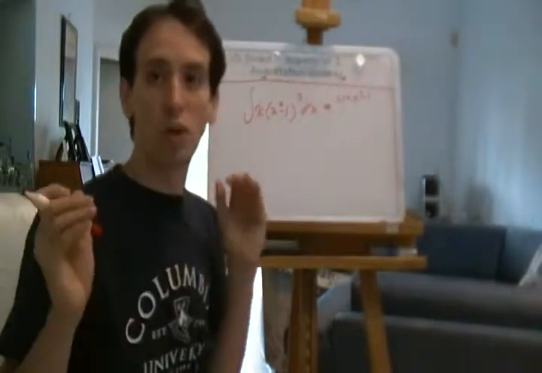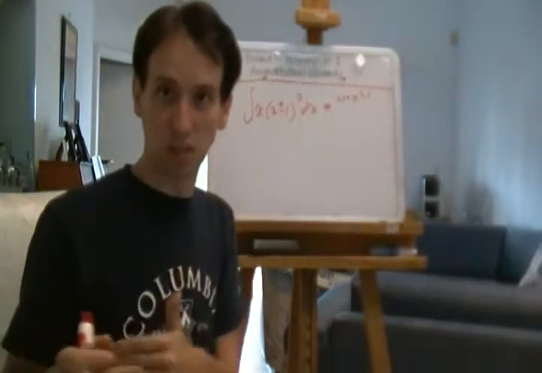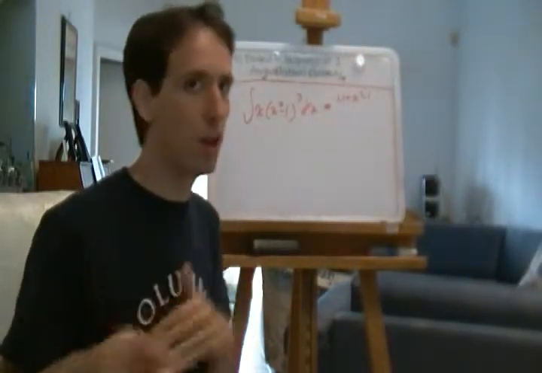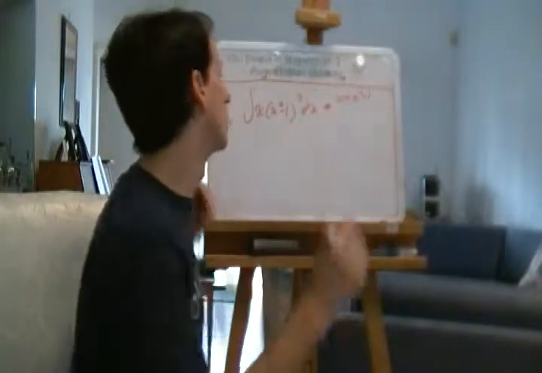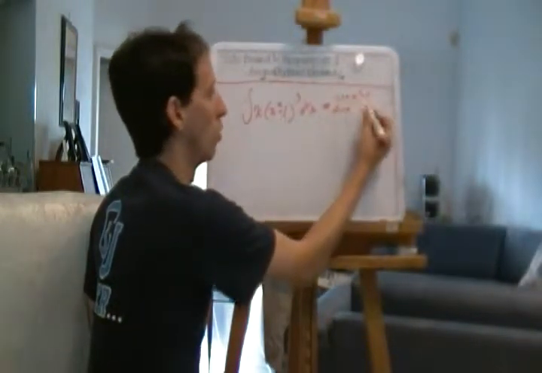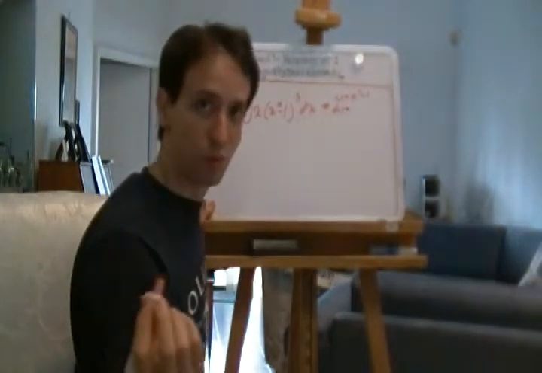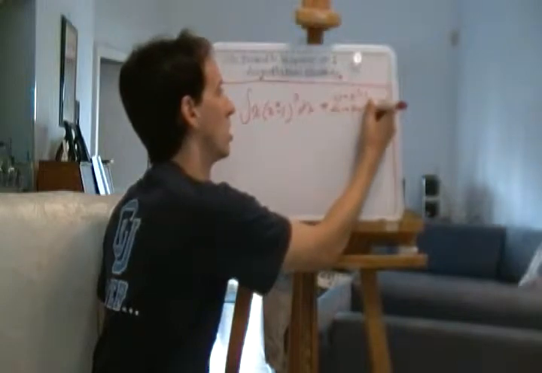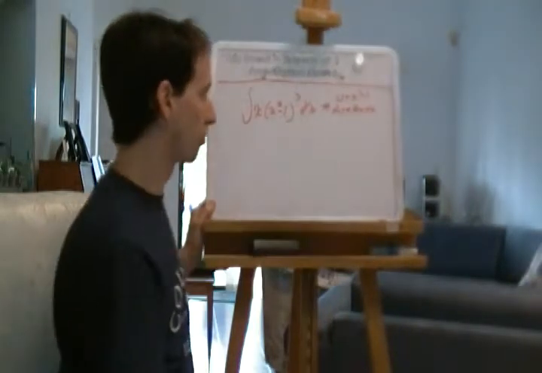Now remember, we need to find out what du is, because the substitution rule is for f of u du, not f of u dx. So we just differentiate u with respect to x, and we get du equals 2x dx.